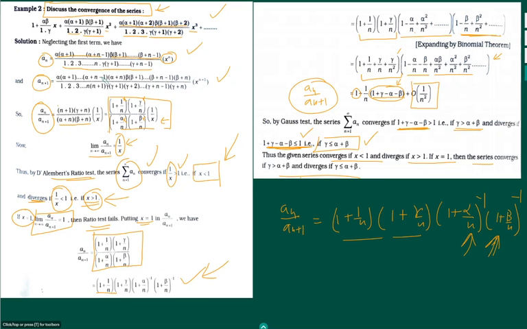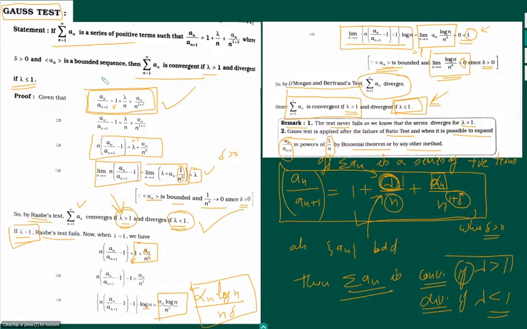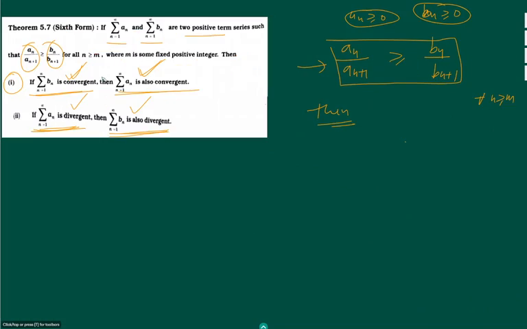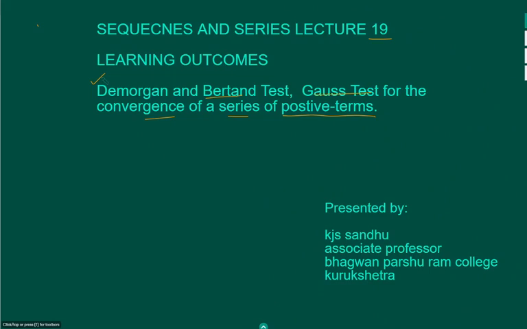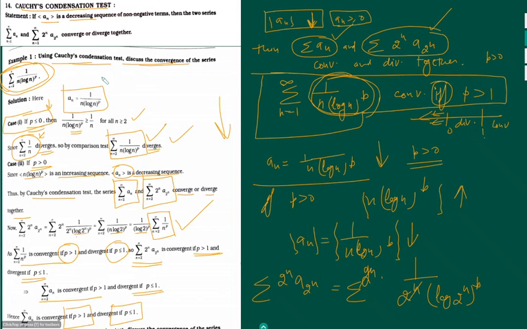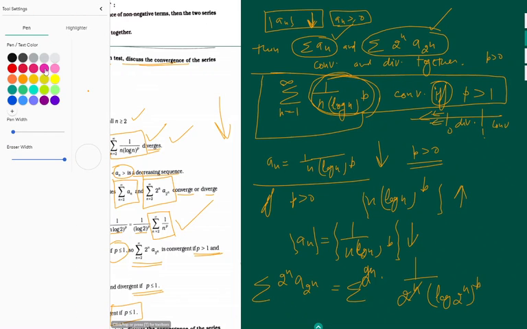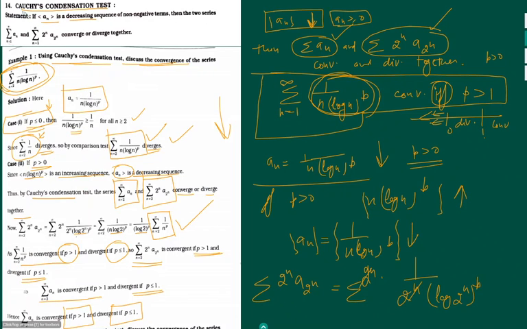So that is all. Let's just revise quickly what we have done in this lecture. First of all, we discussed the Cauchy condensation test. It says that if an is a decreasing sequence of non-negative terms, then this series and this series converge and diverge together.